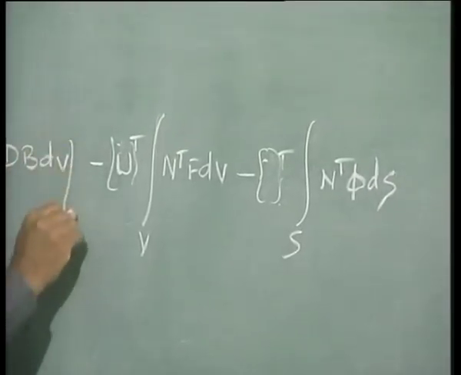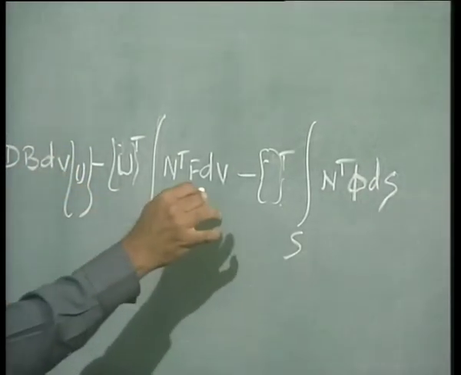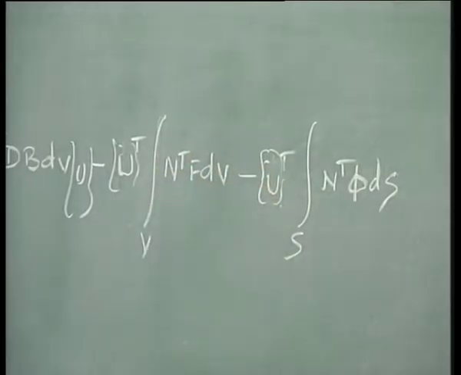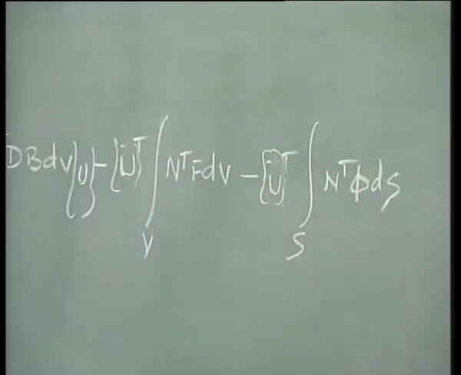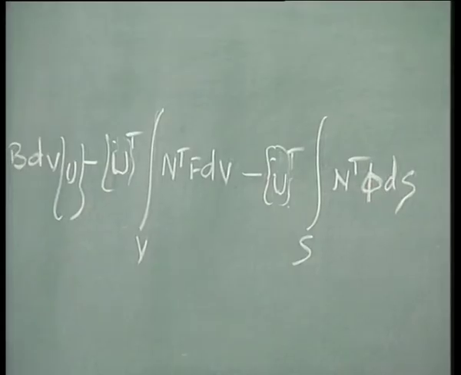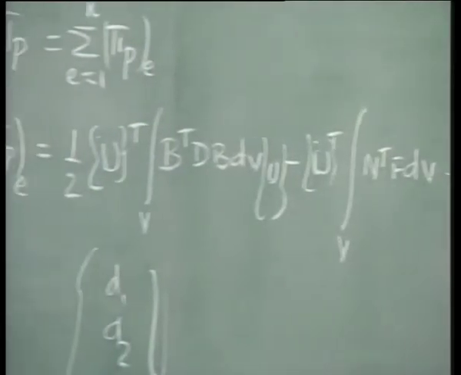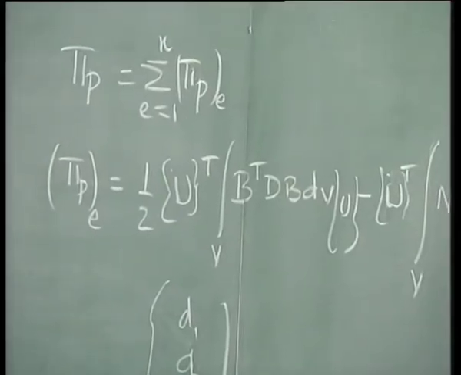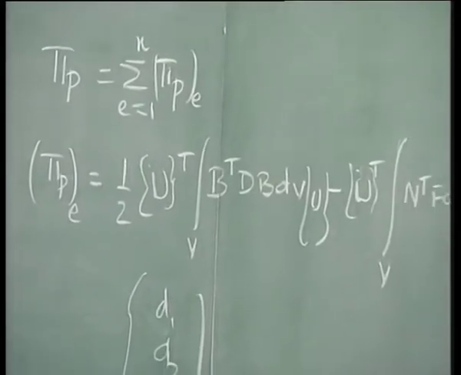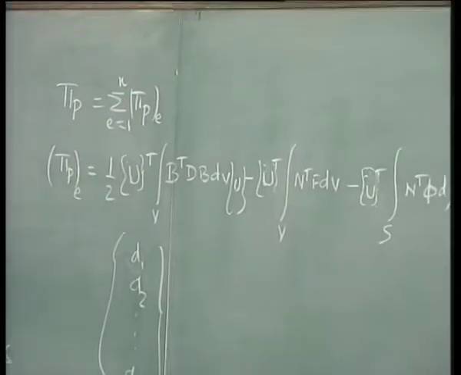So here is u, and so on. All of them are now u. Now I hope your confusion is solved. Are there any questions? Is it clear? Now what do we do? We substitute this equation into this equation.